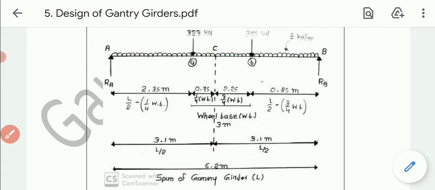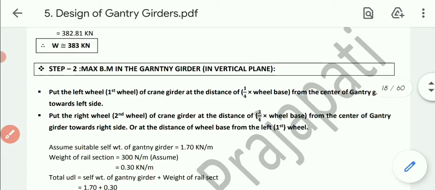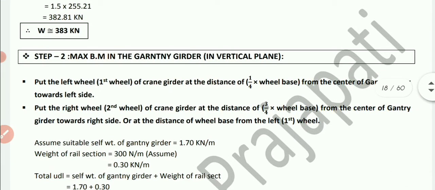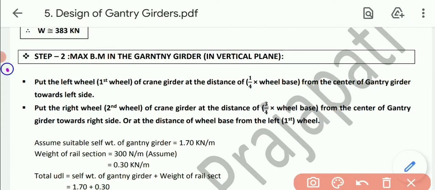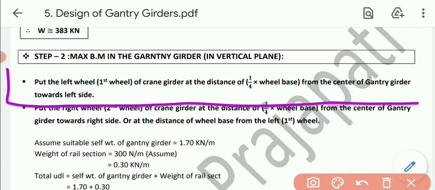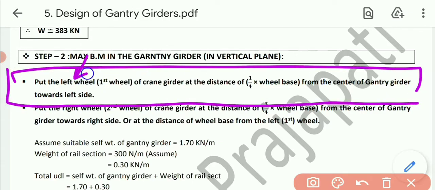For the self weight, and in the arrangement which I have done in the figure, I have given the explanation over here. First one, put the left wheel, or we can say first wheel of the crane girder at the distance of 1/4 of wheelbase from the center of gantry girder towards the left hand side.